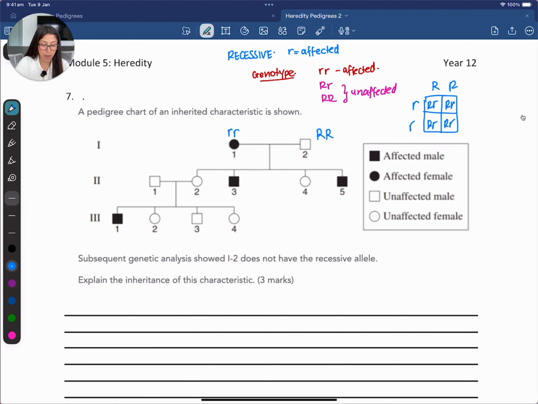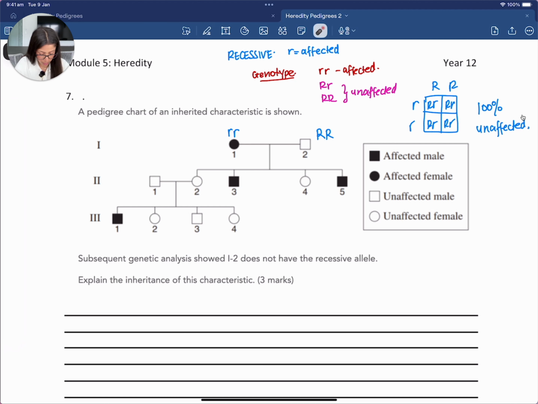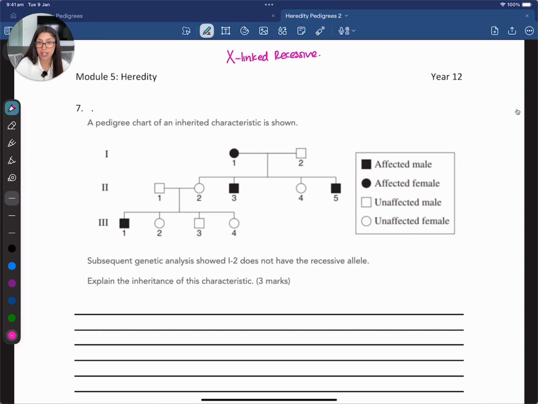As you can see in the Punnett square here, if that was the case, then 100% of the offspring would be unaffected. Now this isn't reflecting the pedigree. So the condition has to be sex-linked recessive.